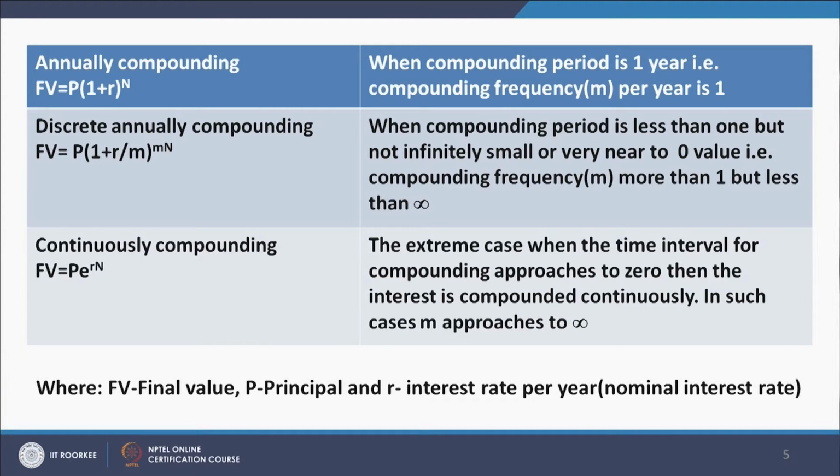For continuous compounding, FV = P e^(rn). This is an extreme case when the time interval for compounding approaches 0 and the interest is compounded continuously. In such a case, m approaches infinity.